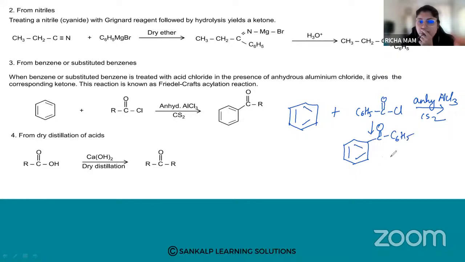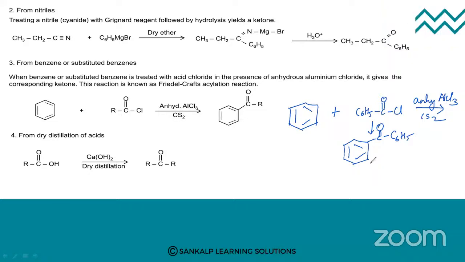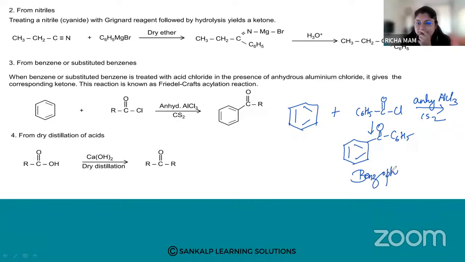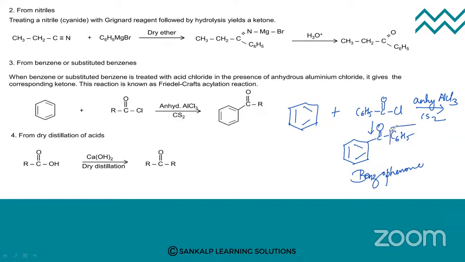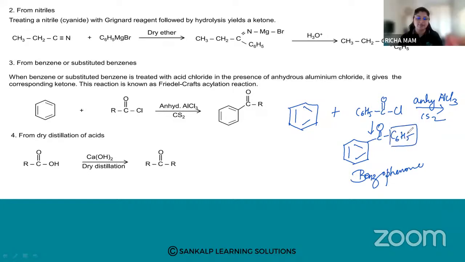What is the compound name? It is benzophenone. C6H5 is also a benzene ring, so it is benzophenone, or diphenyl ketone.